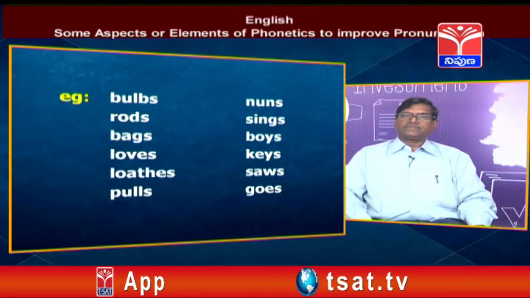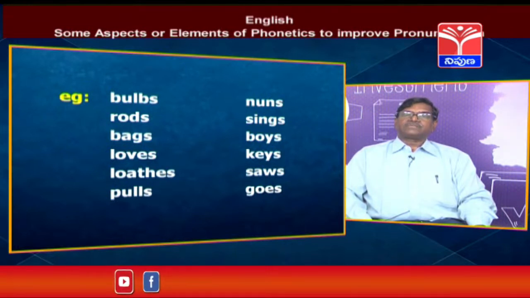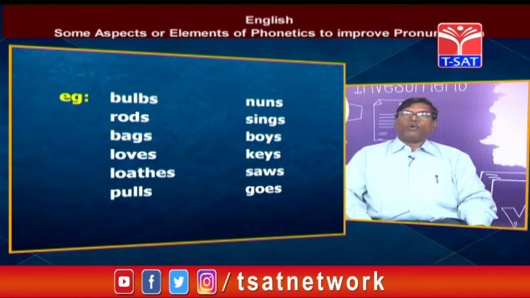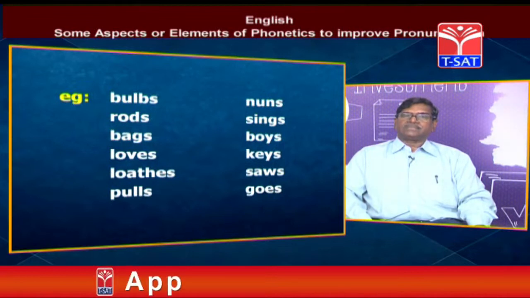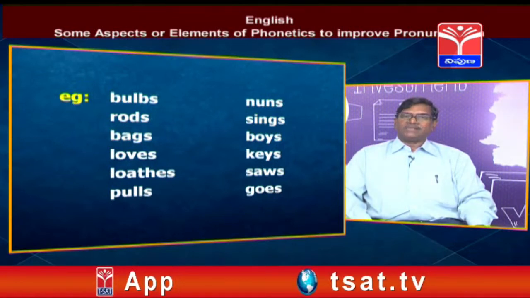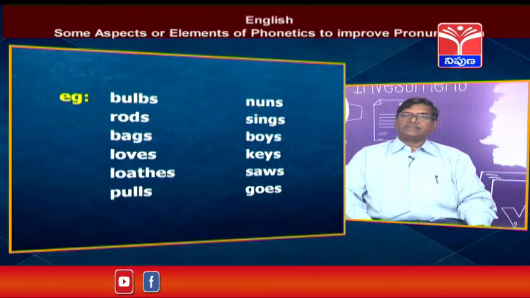Sing, sings. So, these are all the words ending with voiced sounds. Boy, it is ending with oi. It is a vowel sound which is a voiced sound. Boy. So, it is not boys with an s sound, it is boys with a z sound.